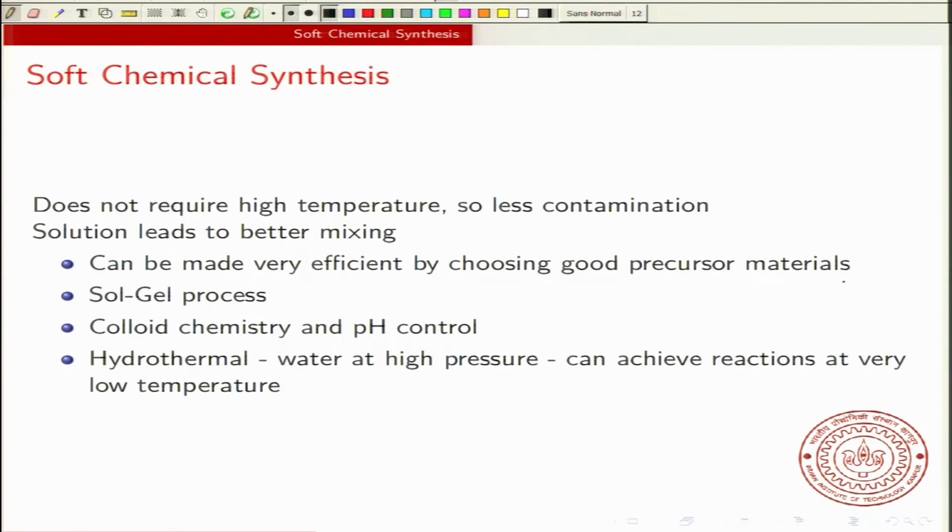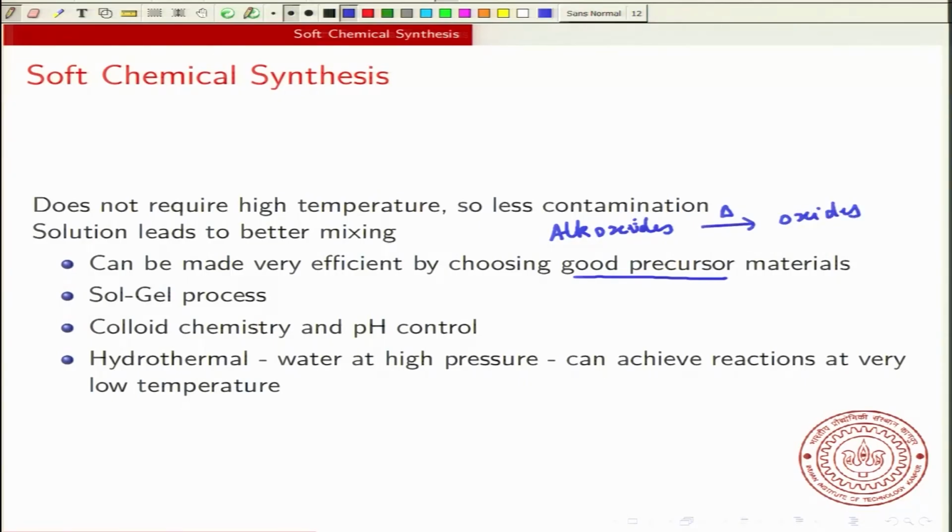For example, if you want to make an oxide, alkoxides can be used as precursors. When you heat them, you get oxides.